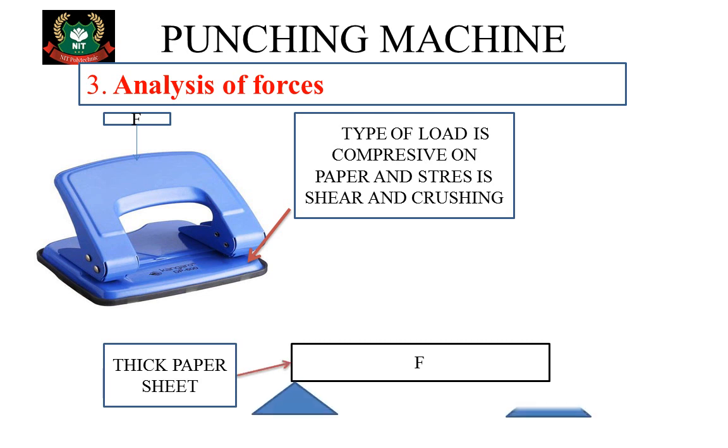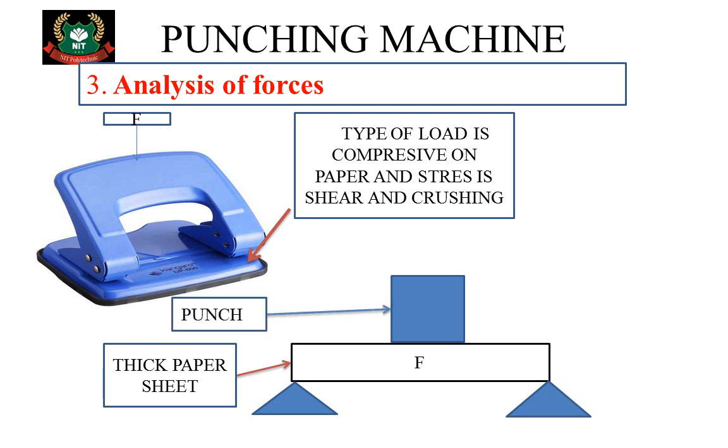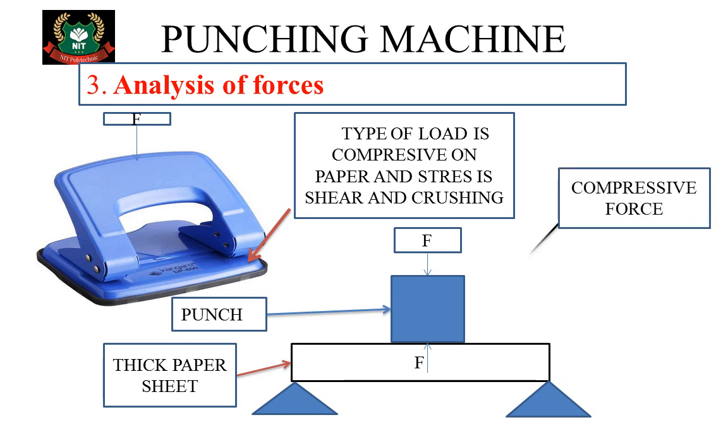Consider a thick paper sheet on which force is applied with the help of the punch. Because of that force, an equal and opposite force also acts on the punch from the thick paper sheet.